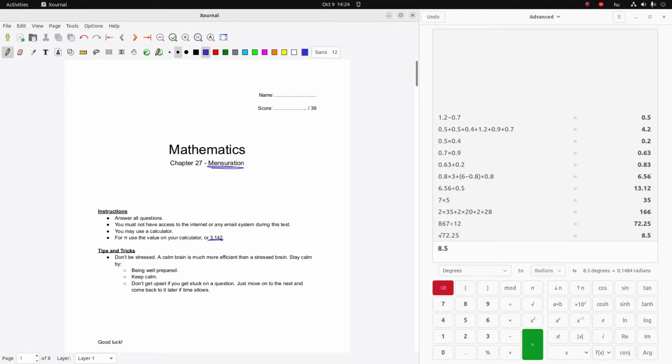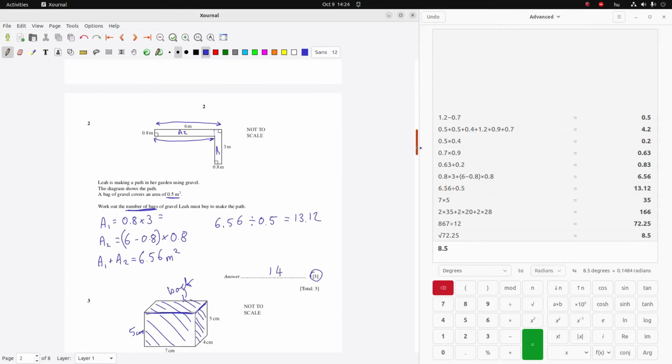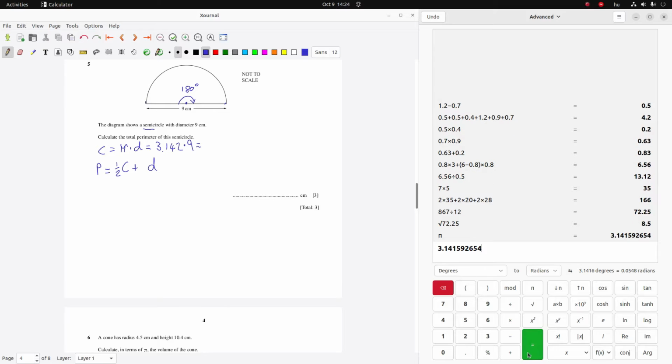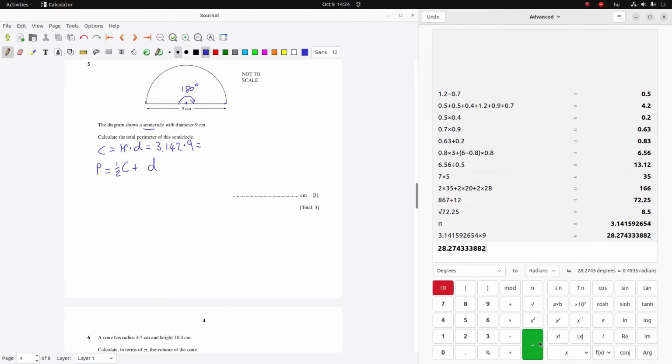It says use 3.142 for pi, or your value which you found on the calculator. 3.142 multiplied by 9, which is equal to, I'm going to use the value in my calculator, which is this, 3.141592654 multiplied by 9 equals 28.2743.